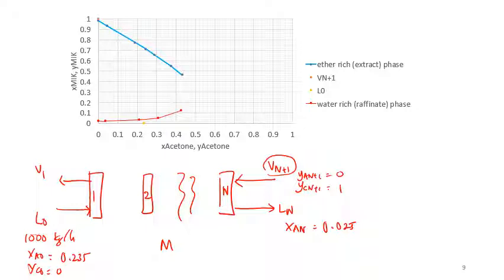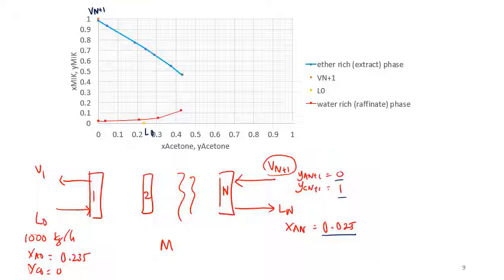First of all, we plot the known points. Although we don't know the Vn plus 1 flow rate, we do know the coordinate because of the 0 and 1 here. So you plot Vn plus 1 here, and you also know the L0 coordinate, 0.235 of XA0. So here is your L0. And you also know Ln, since your desired specification is that XAn is 0.025.